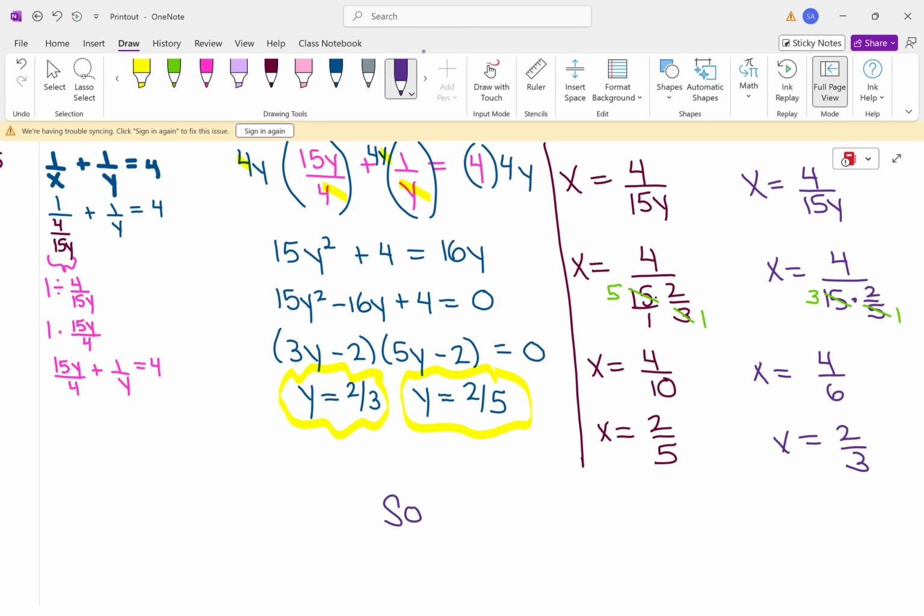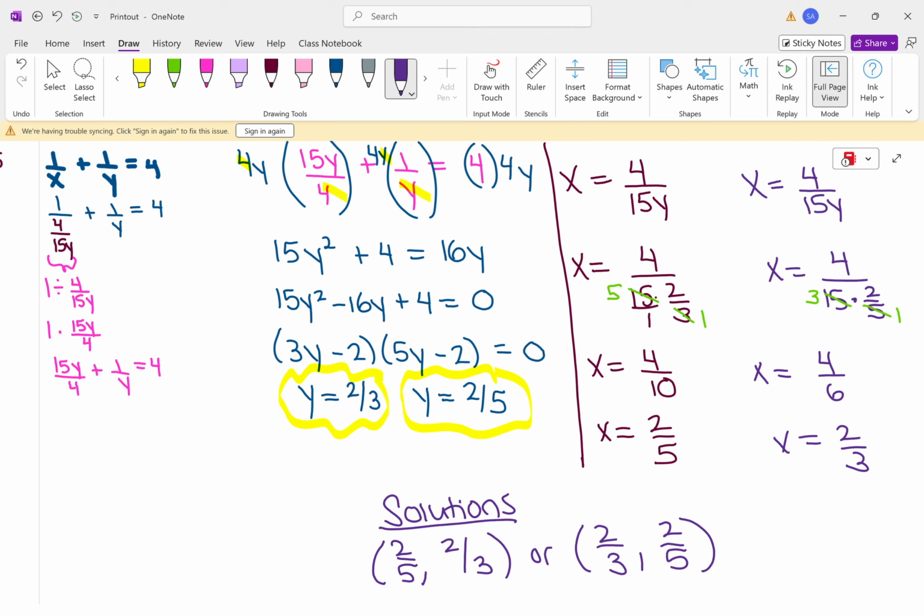So what are our solutions? Our solutions will be the combination of 2/5 comma 2/3 or 2/3 comma 2/5. So if x is 2/5, then y has to be 2/3.